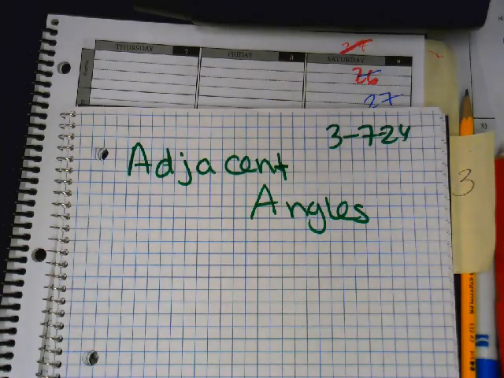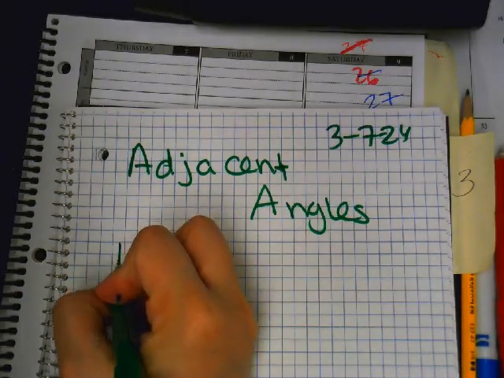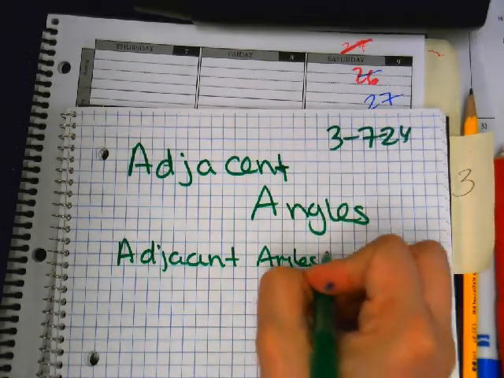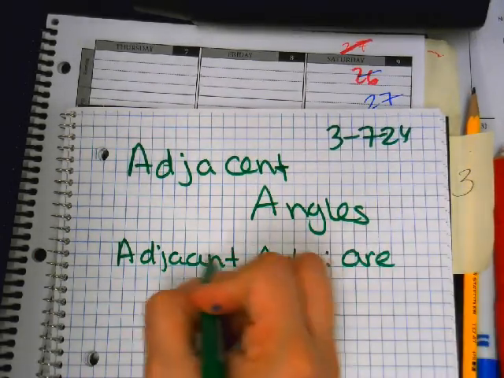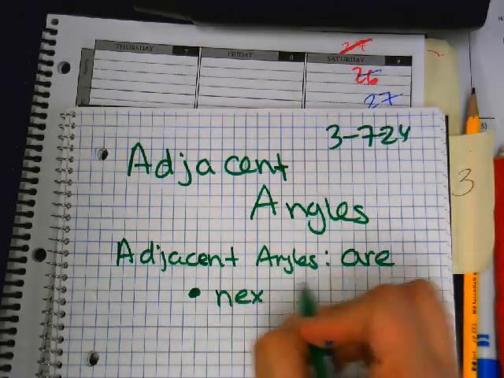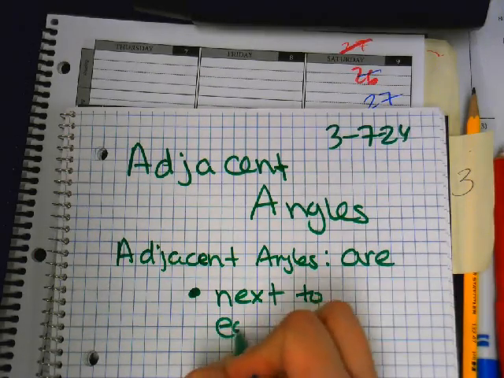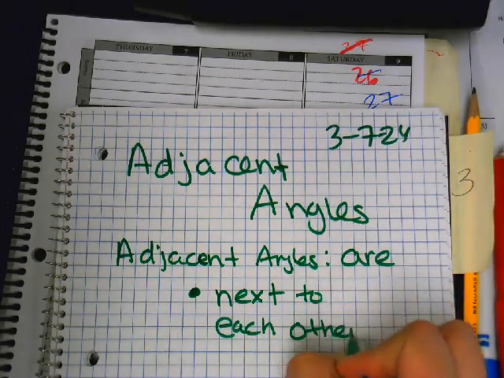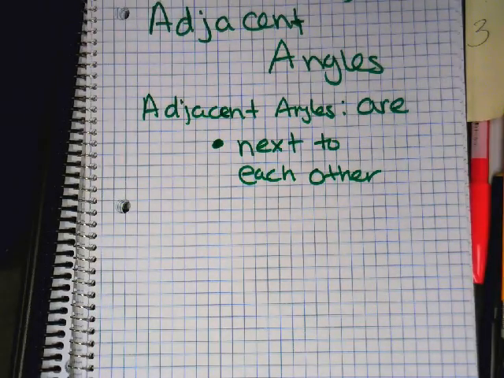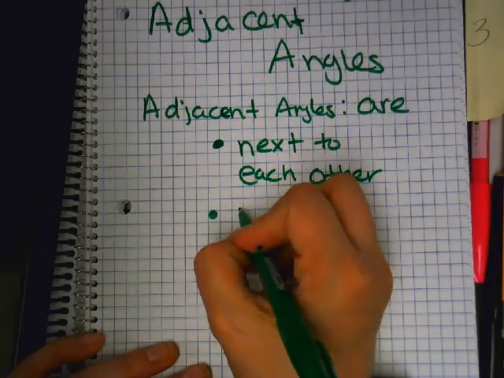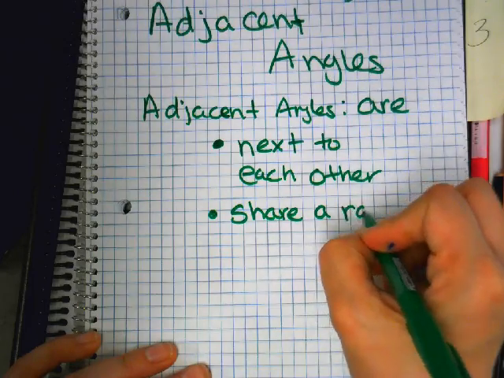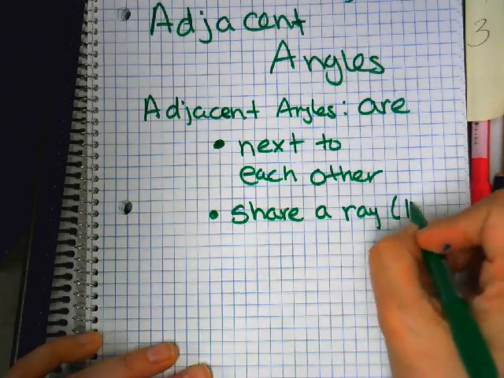There's a couple of things that need to happen for adjacent angles. So adjacent angles are next to each other. They're angles that are next to each other. They share a ray, which is a fancy word for line.